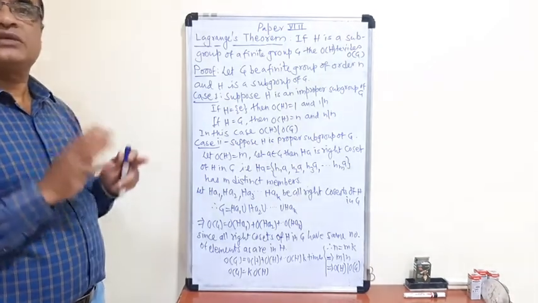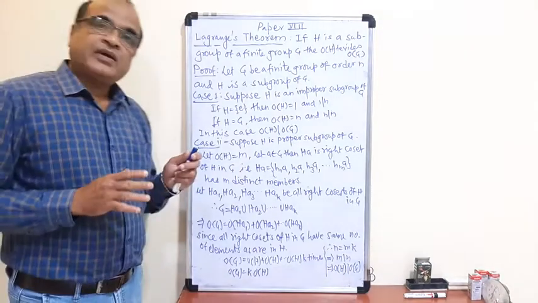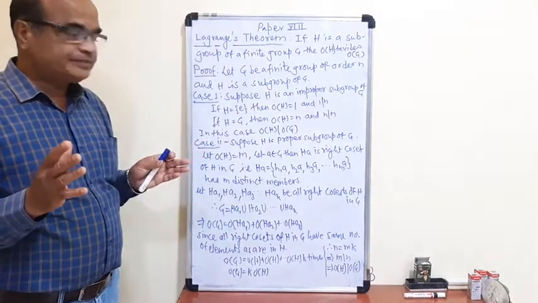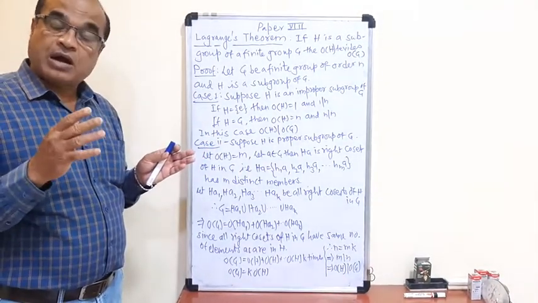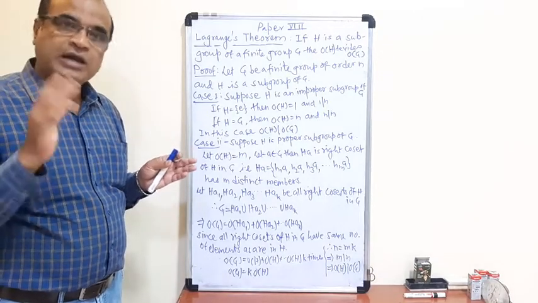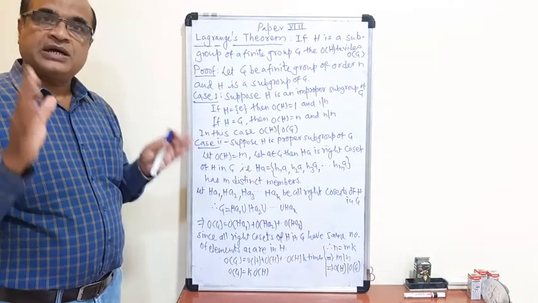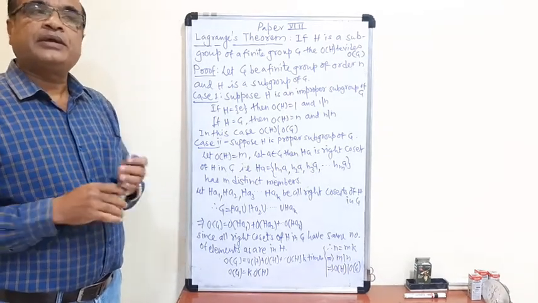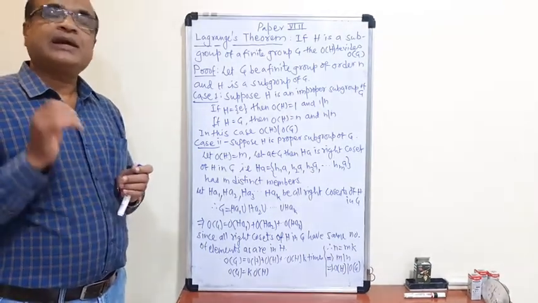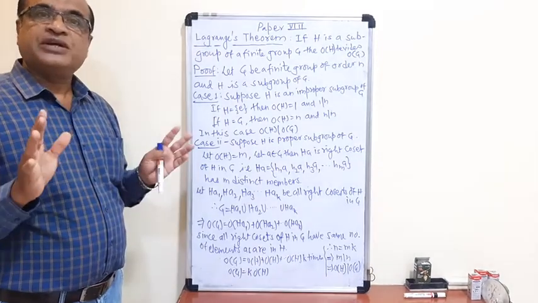So what is the first axiom, the first property? If a and b are elements of the group G, where G is any non-empty set, then a star b belongs to G also. This is the closure property. Then the second axiom is associativity.